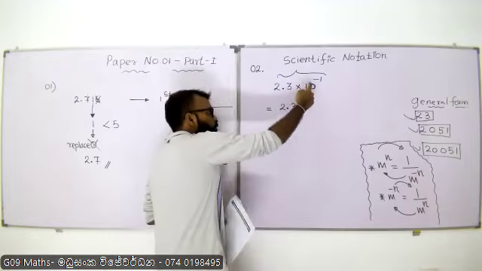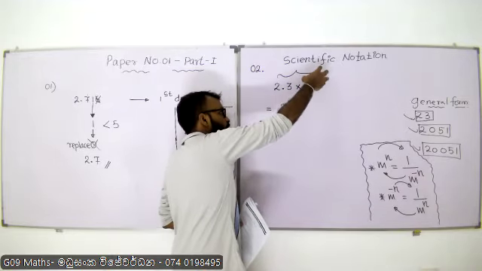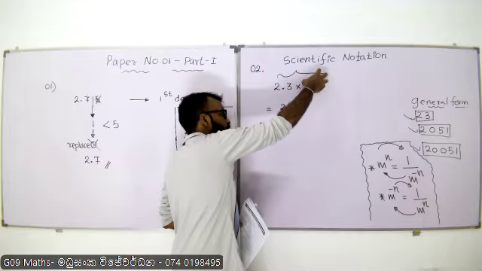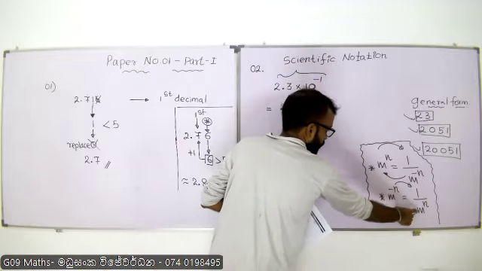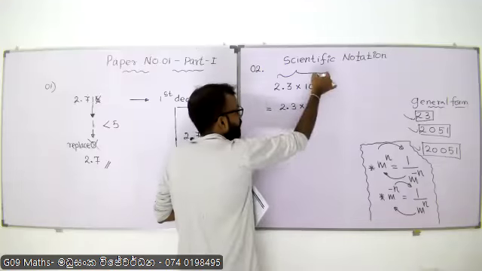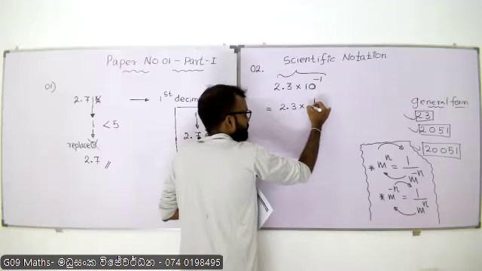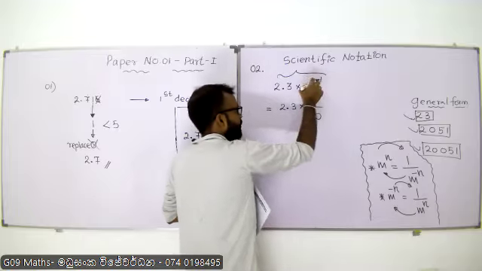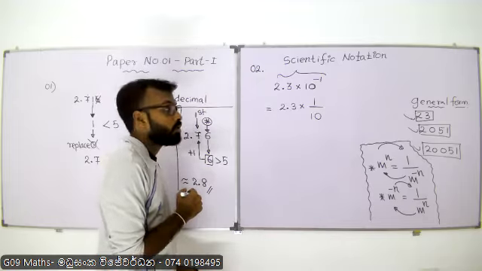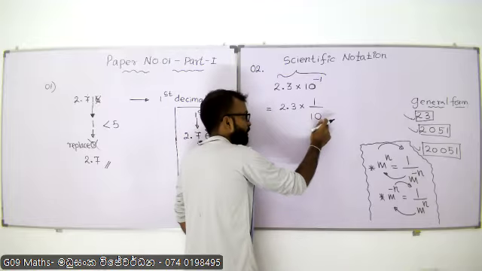So now you know 10 to the power minus 1. By using this method, I'm going to convert it into a positive power. I'm going to take the reciprocal of 10 to the power minus 1, which is 1 upon 10.